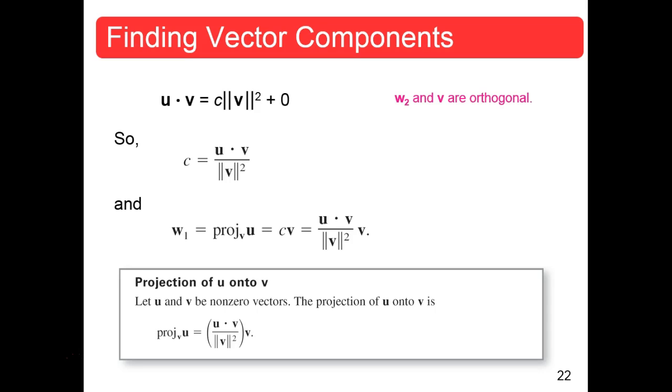So W1, the projection of U onto V, would then be CV, and that's U dot V over the magnitude of V squared, that's what the C is, times the vector V. So this gives you the scaling factor, and you multiply that by the vector V. So the projection of U onto V, for non-zero vectors U and V, is U dot V over the magnitude of V squared, times V.